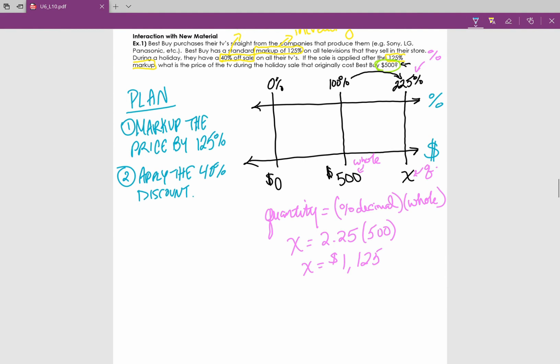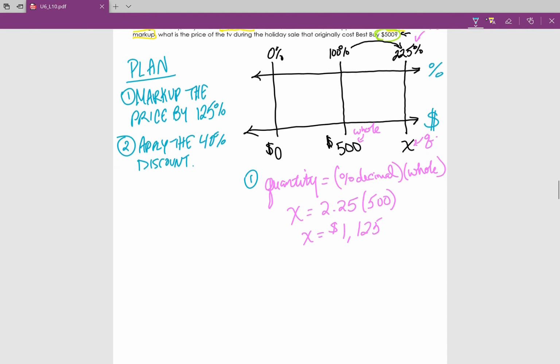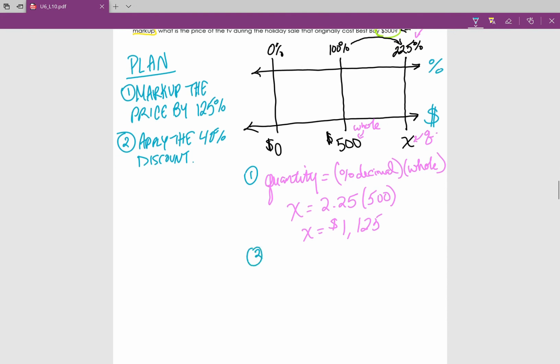This was number 1. And number 2, we need to apply the 40% discount. Now again, it's a discount, right? That means it's like a markdown. It means it's a percent change.